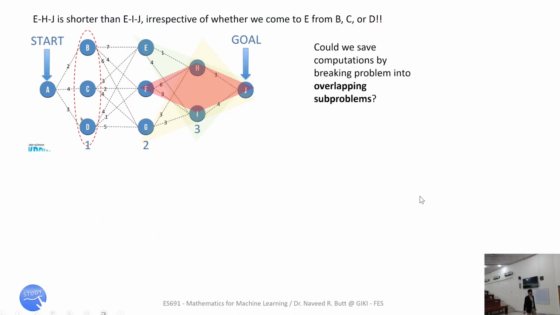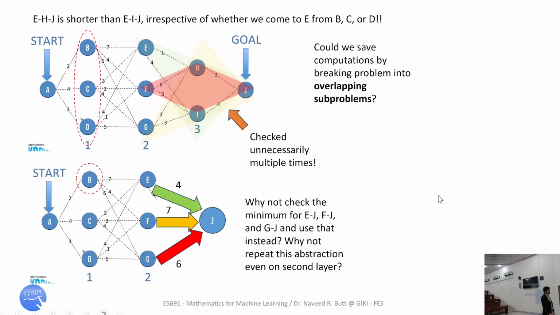But what would dynamic programming do? Dynamic programming will try to see if we can divide this problem into overlapping sub-problems. So I'll show you here what we mean by overlapping sub-problems. Note that from the perspective of B, C, D, if you are standing at B, what will you check? 7 plus 1 plus 3, 7 plus 4 plus 4, and C will also check those again.